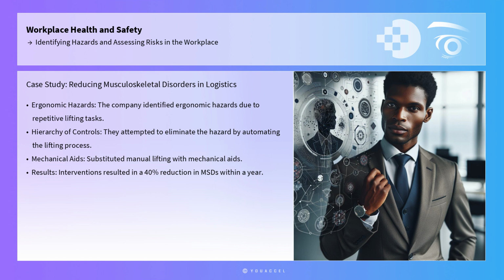When complete automation was not feasible, they substituted manual lifting with mechanical aids. They also redesigned workstations to improve posture and implemented regular training sessions on safe lifting practices. These interventions resulted in a 40% reduction in MSDs within a year, demonstrating the practical application of hazard identification and risk assessment techniques.